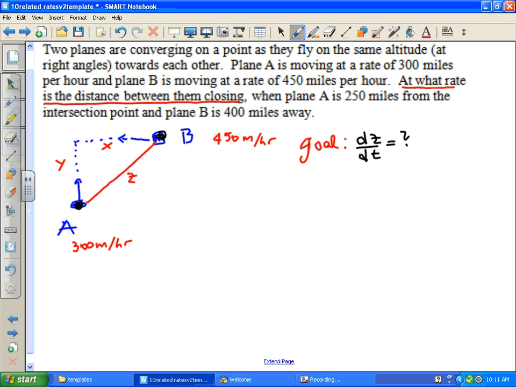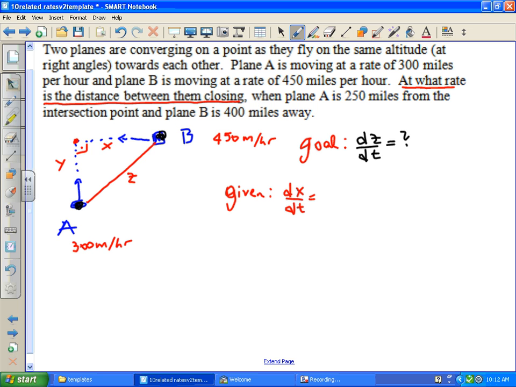In number 3 in our template, we're asked to write down the given related rates as derivatives. Given that, what do we know about dx/dt here? Again, that distance is shrinking, so keep that in mind as they are converging towards this point, and this is at right angles. So what do we know about dx/dt?